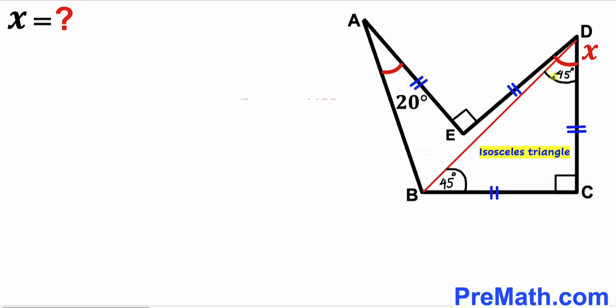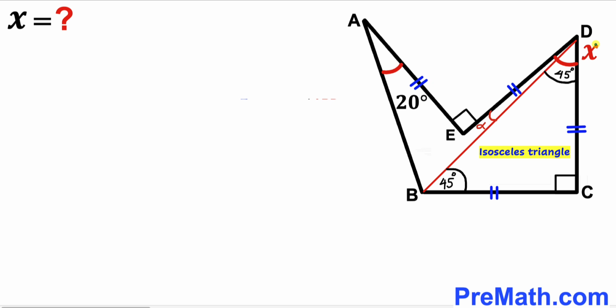And now let's make an observation. We can see that this angle CDE is X, and this angle BDC is 45 degrees. So therefore we got this tiny angle BDE, and I'm going to label this tiny angle as our angle alpha.